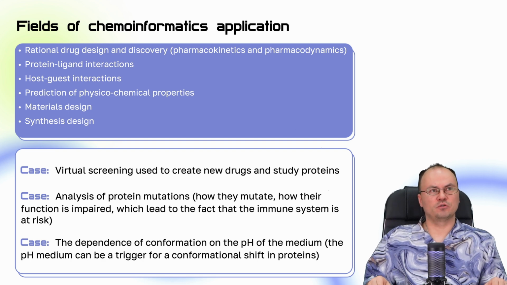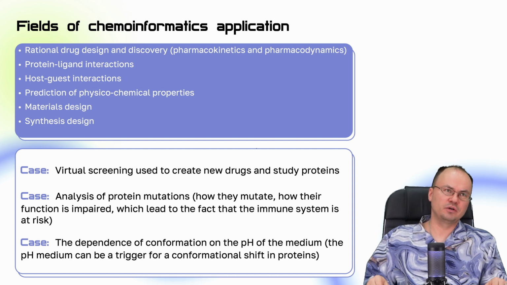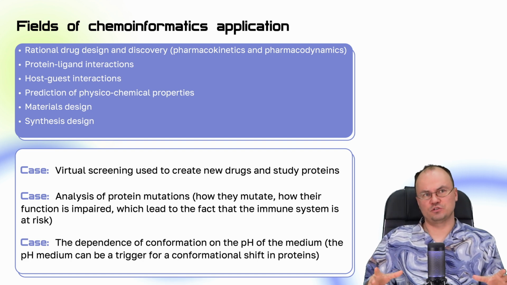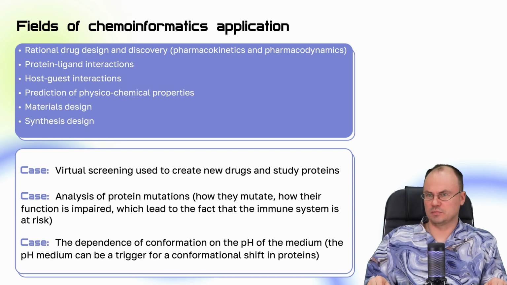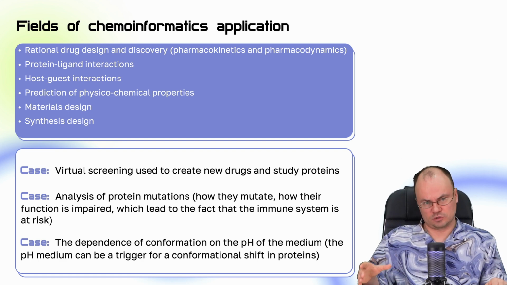Next, we could also use these concepts in materials design if we want to integrate different materials such as carbon nanotubes, fullerenes, and so on, to come up with better drug-like molecules.